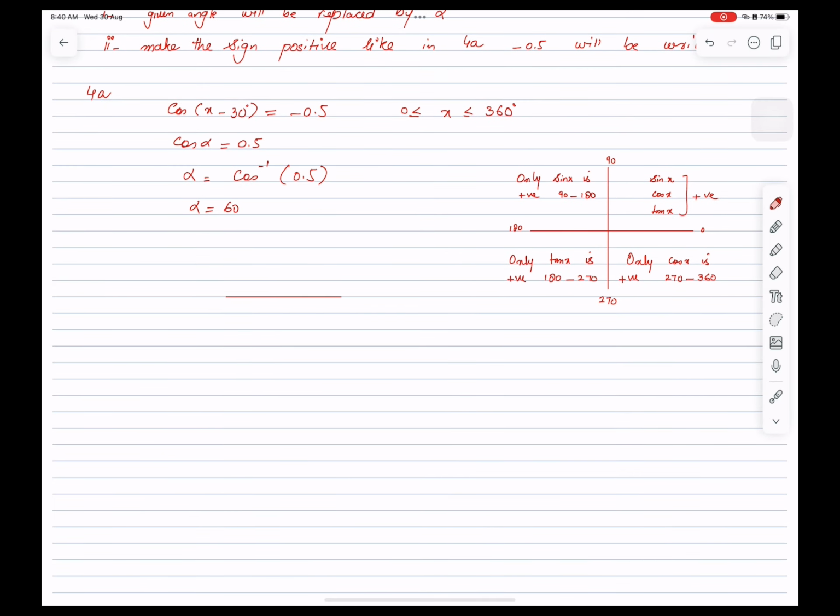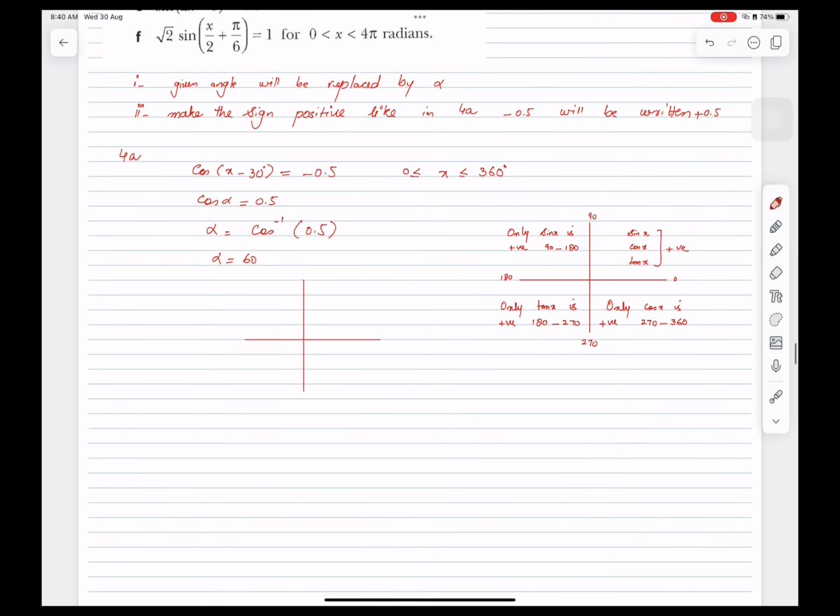And remember, we had a negative sign in the beginning of this question. That means cos negative will lie in the second and the third quadrant. First and fourth quadrant is not possible, right? So now we need to find the angle.